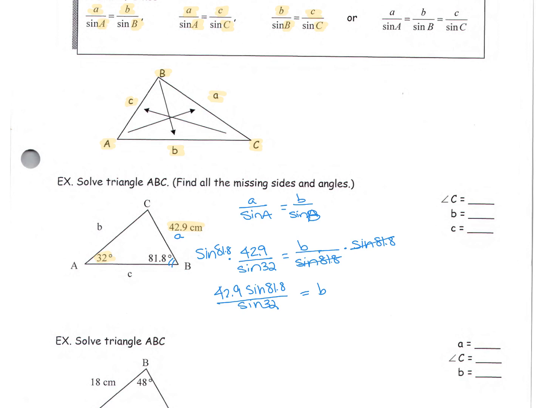I'm going to grab my calculator and do 42.9 times the sine of 81.8, divided by sine of 32. When I do that, I get 80.13 centimeters for the length of b.